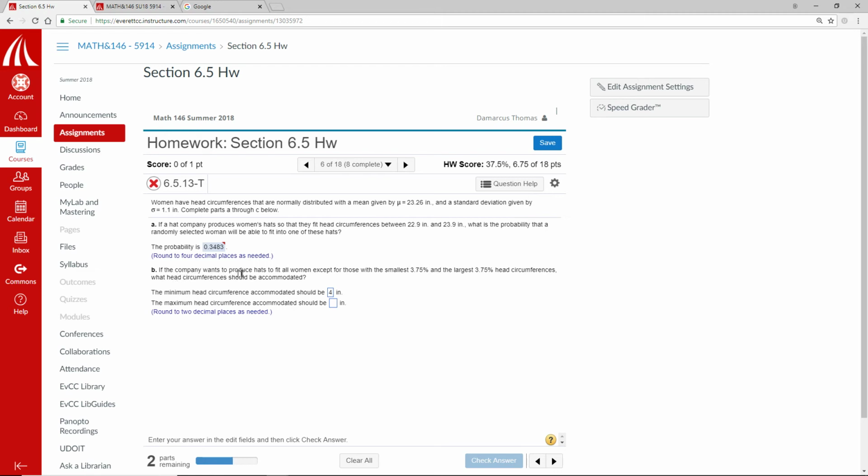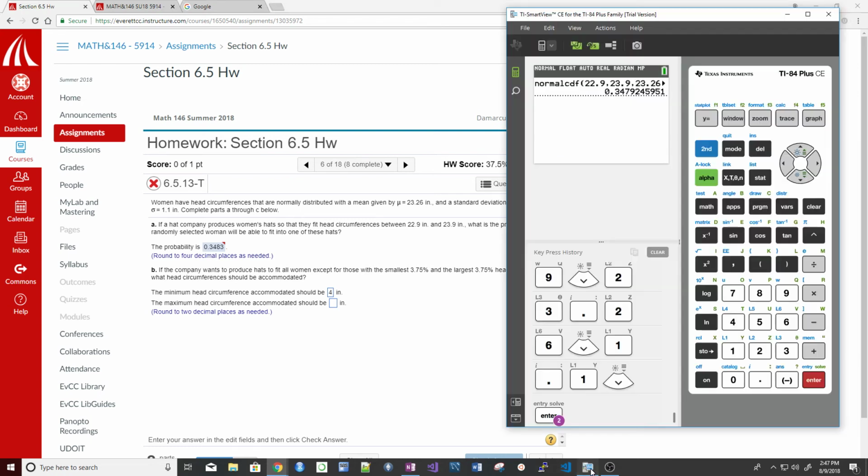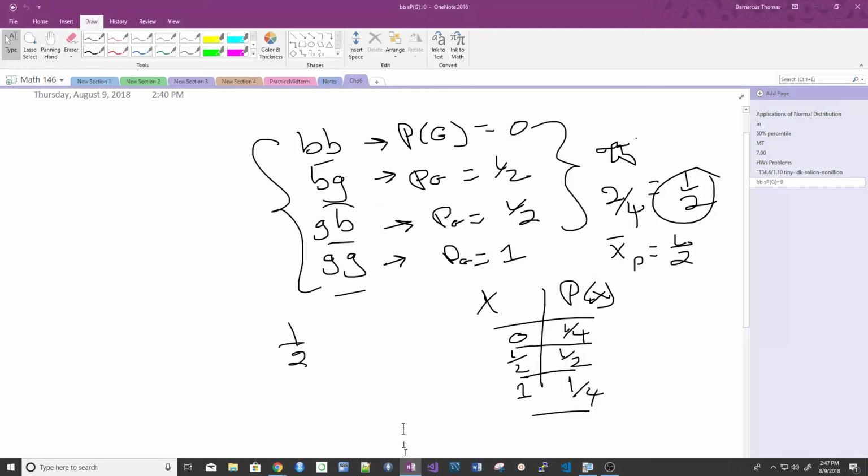If the company wants to produce hats to fit all women's except for those with the smallest 3.75% and the largest 3.75% head circumference, what head circumferences should be accommodated? So let's look at a picture of this.